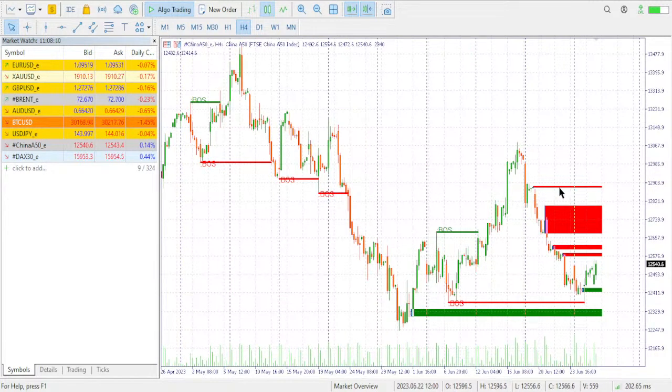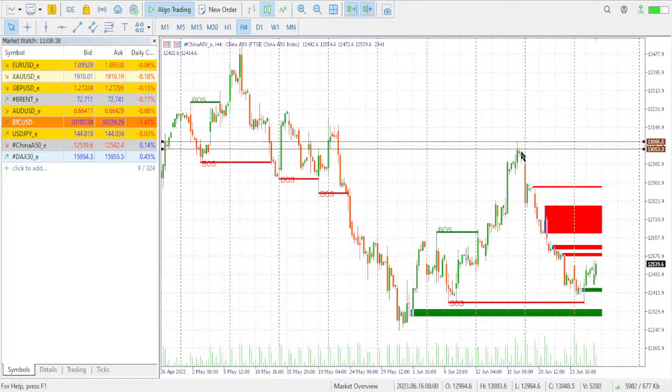On the Forex, we have a very good resistance level here, and another very good resistance, and more resistances. Then we have a support here, and we have another support here.